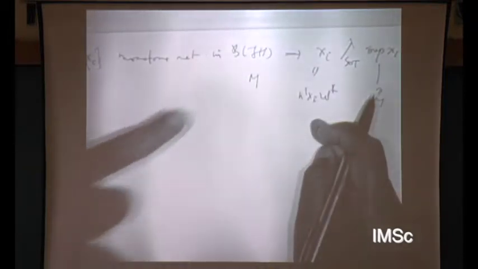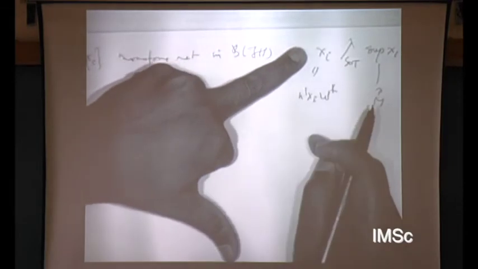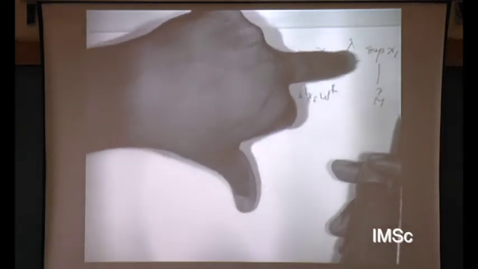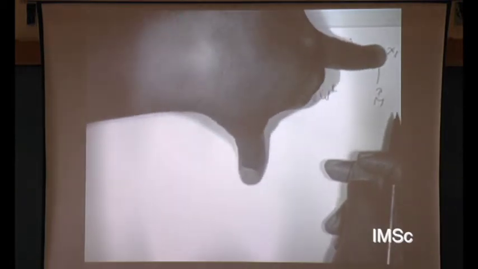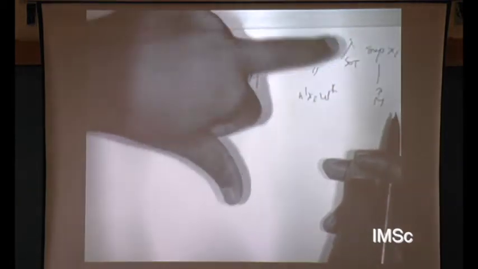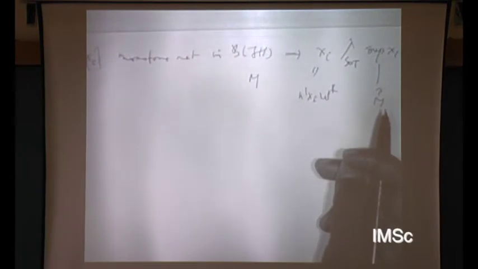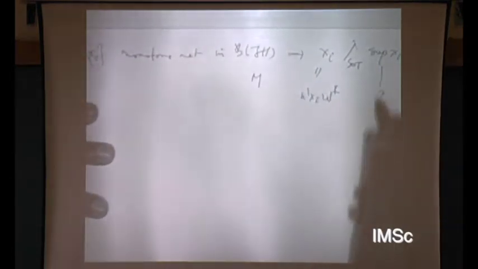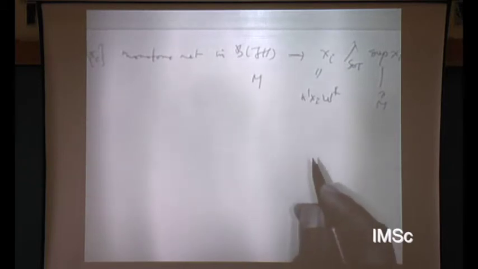But they are the same as the initial x_i's. So the sup of u' x_i u'* is going to be the sup of x_i. That means the supremum operation, which is also natural, stays in M.